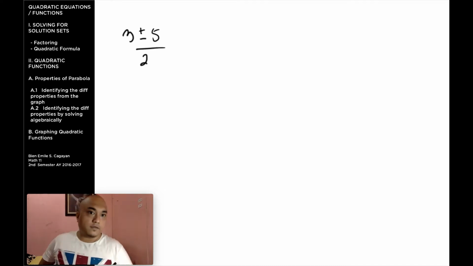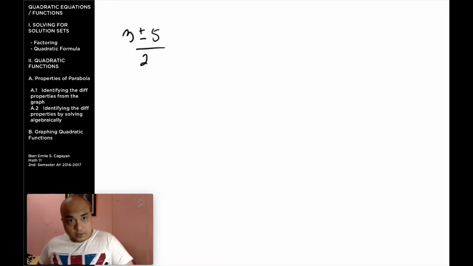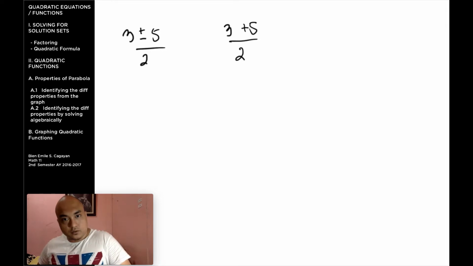We have to check which are the appropriate solutions to our equation. So 3 plus 5 divided by 2 is equal to 8 over 2, which is 4.